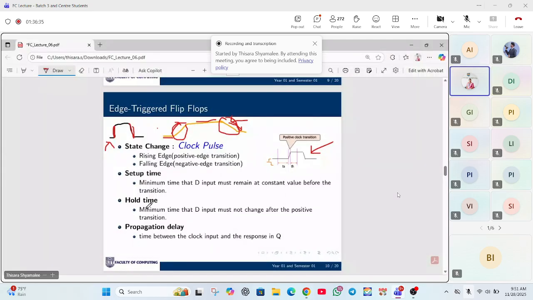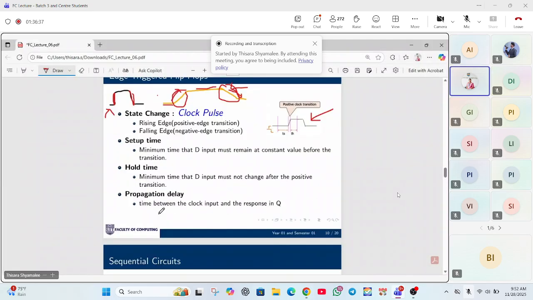Then hold time. Hold time is the minimum time that the D input must not change after the positive transition.